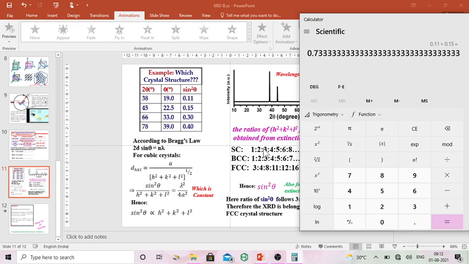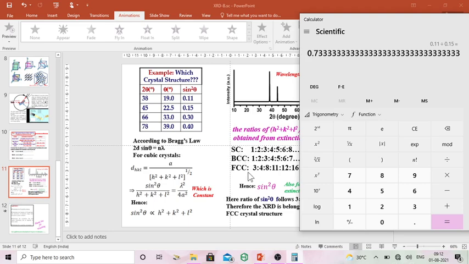The first ratio is not matched, so we are not going to accept that the peaks observed in your XRD pattern belong to simple cubic. So simple cubic is not possible. Likewise for body-centered cubic, the first ratio is 0.5, but we got 0.7, so body-centered cubic structure is also not acceptable.